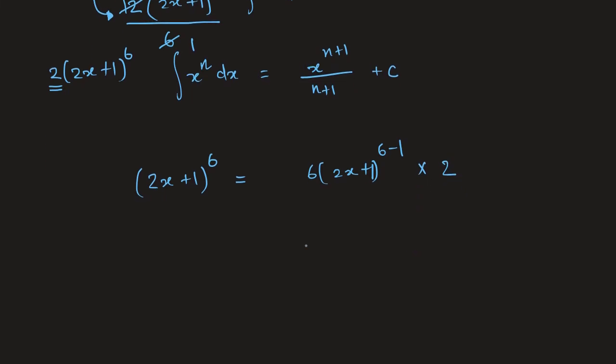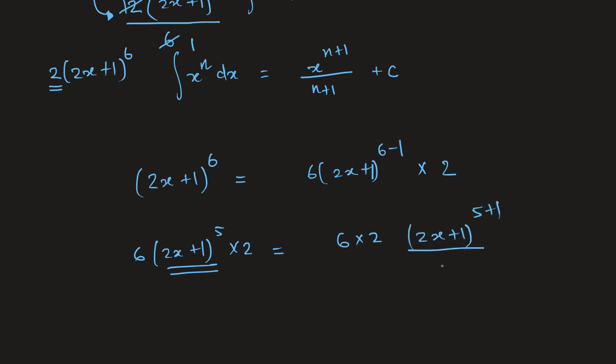Now we have 6 (2x + 1) to the power 5 into 2. When we integrate this part, we keep 6 into 2 aside. If we integrate the function, it would be (2x + 1) to the power 5 plus 1, whole divided by 5 plus 1.